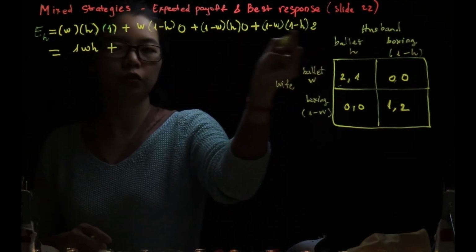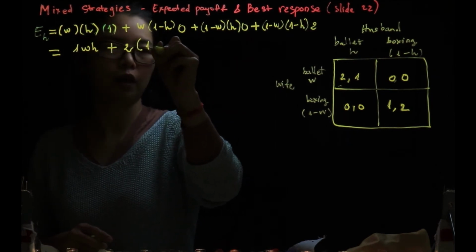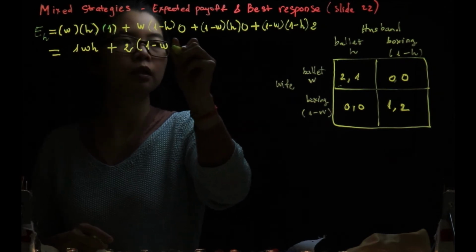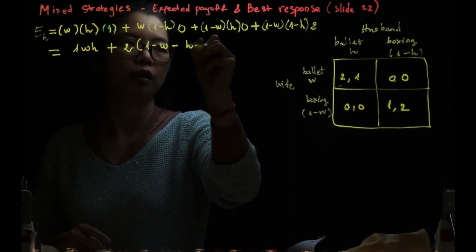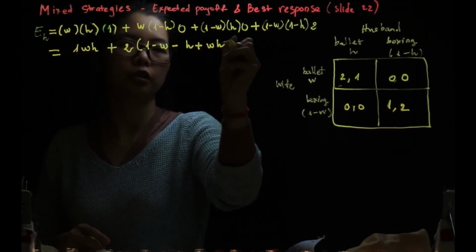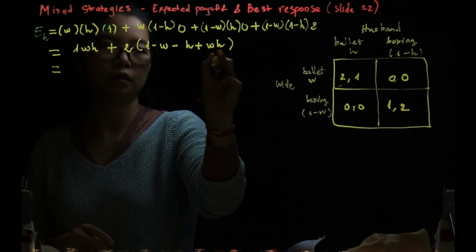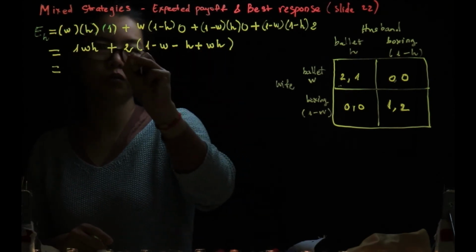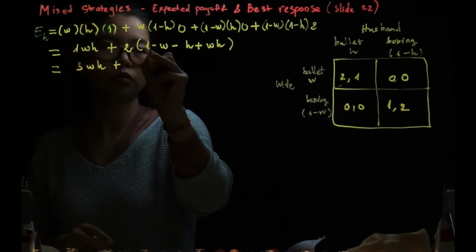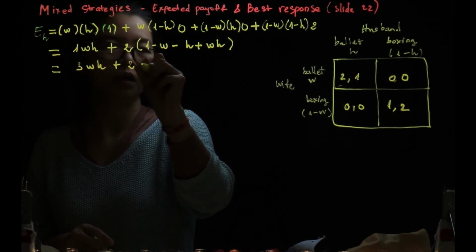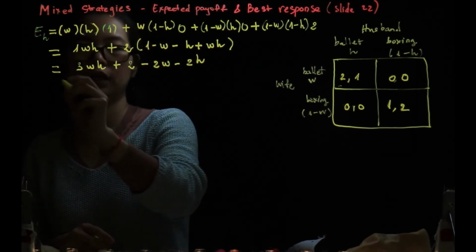And then here you have 2. So you write 2 in before and the same thing happens: 1 minus W minus H and then plus WH, right? Simplified, here WH in the bracket, but times 2, so that is 3WH, right? Plus 2 times 1, so 2, minus 2W, minus 2H, right?